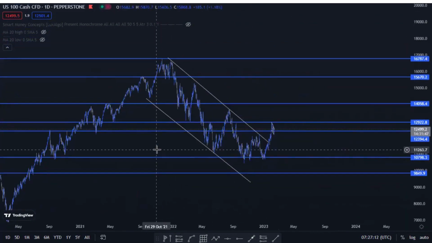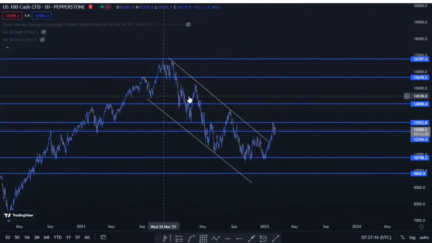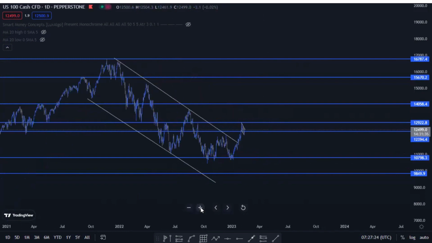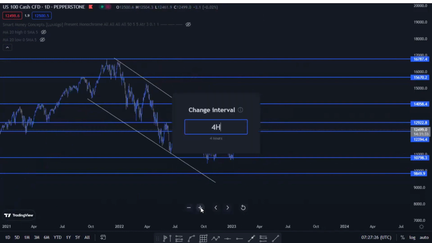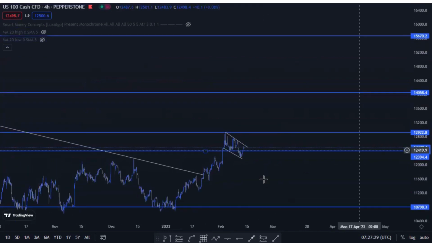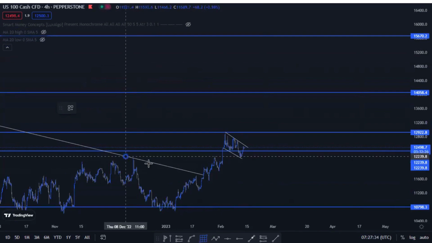Don't forget, make sure that you stick around. So on NAS100 we had a downtrend and the market broke out, and it's retesting now. It has retested this level right here.